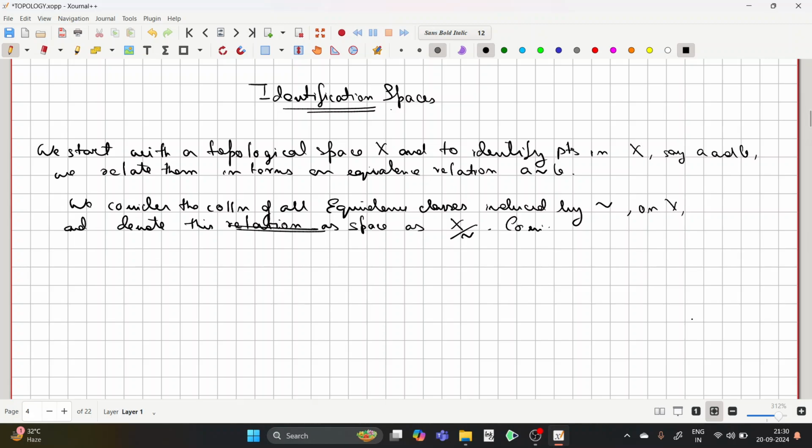Consider the map pi from X to X quotient, the quotient space induced by X, with pi sending each element x to the equivalence class it lies in under this equivalence relation.